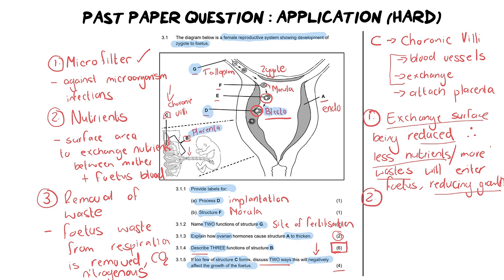Let's do the second point. As I said to you here, we have an attachment for the placenta, which is another issue, right? So again, don't tell me that the chorionic villi form the placenta. That's the positive answer.